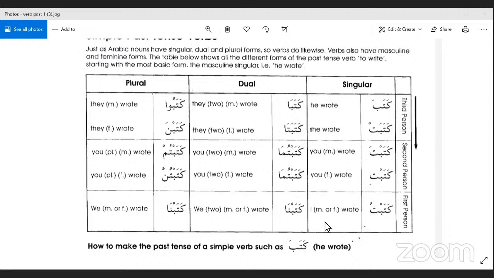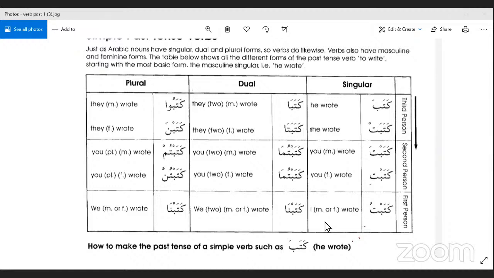Correct. And if it's going to happen with the second person, it will be like that. Katabta, for example, so it's going to be one male, and the second person would be you, so you wrote. And katabtumā, again at the end the alif shows the dual, so it's for the two males, and also the same for the two females.